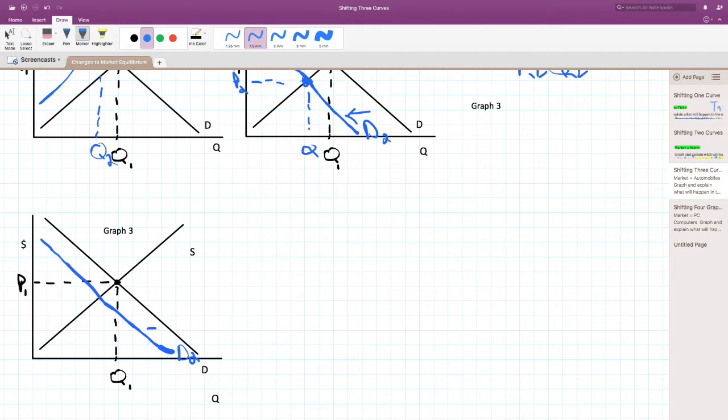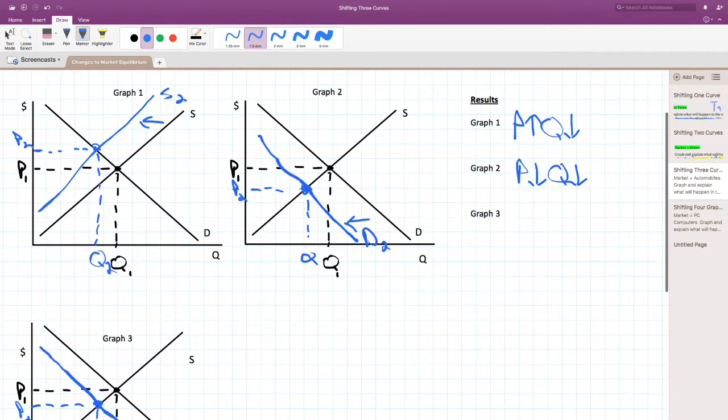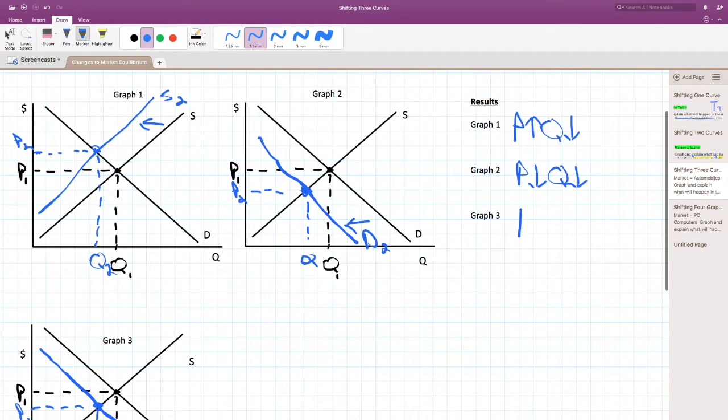Okay, demand is going to shift to the left. I'm going to shift my curve from D1 to D2. The point where it intersects is going to become my new equilibrium price and quantity, which I'm going to label P2, Q2. I'm going to come back here to my solutions. On graph 3, price falls, quantity falls.